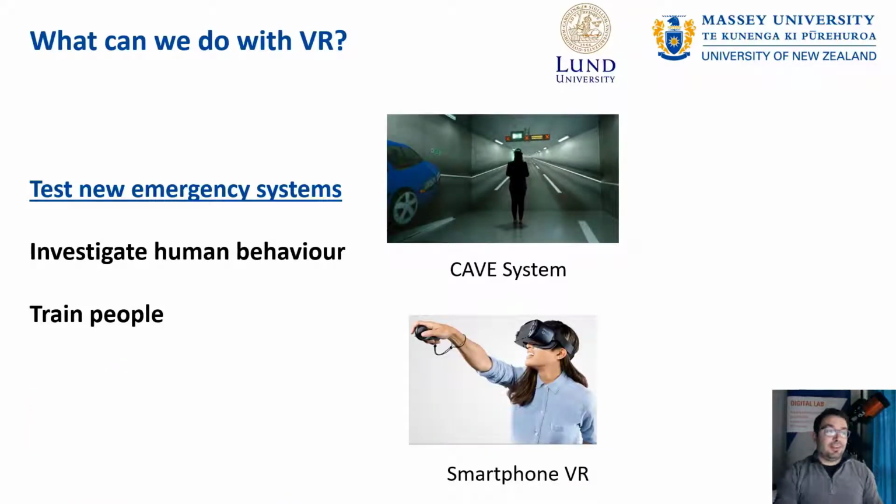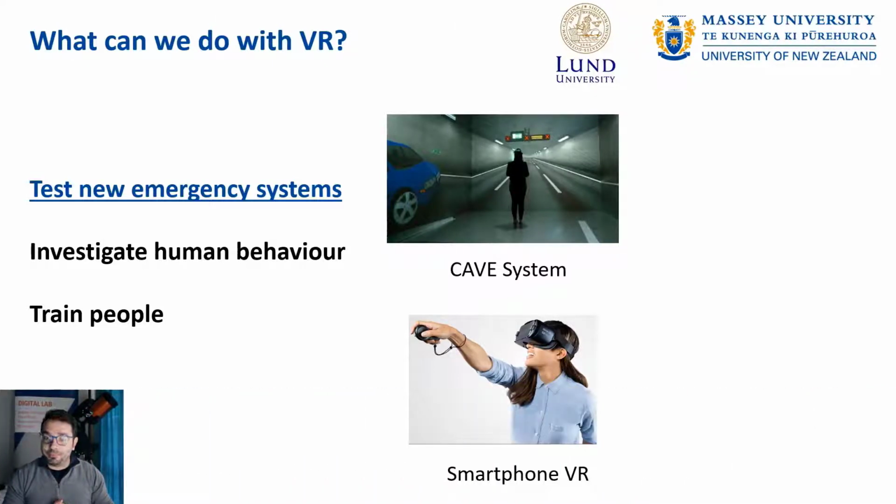Another exciting study, carried out still at Lund University and led by Enrico, tested the same kind of experiment with a much, much cheaper device, a head-mounted display. If I'm not wrong, a Samsung Gear VR was used, which is much cheaper than a cave.